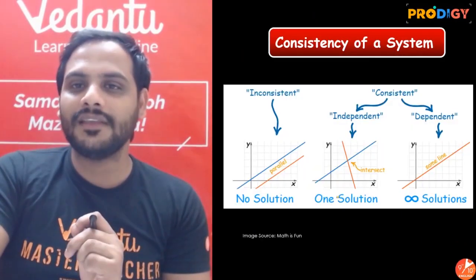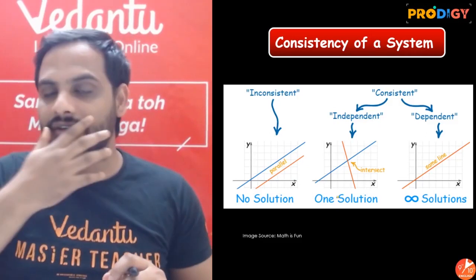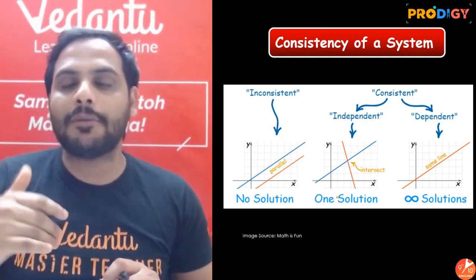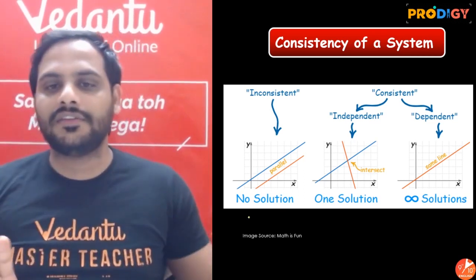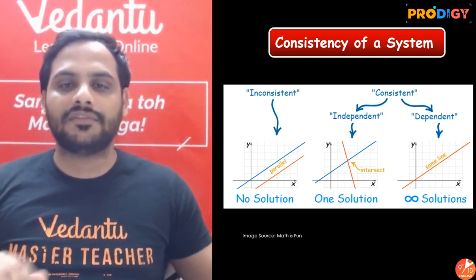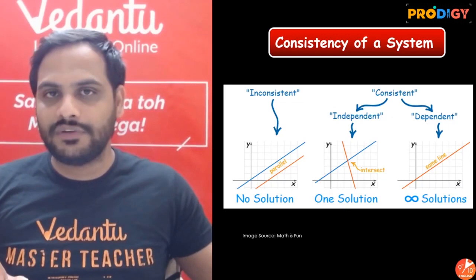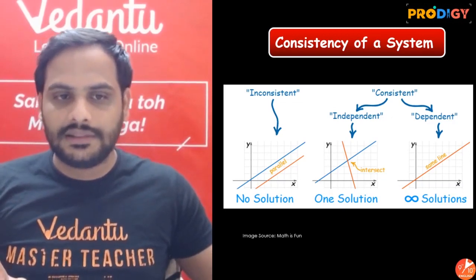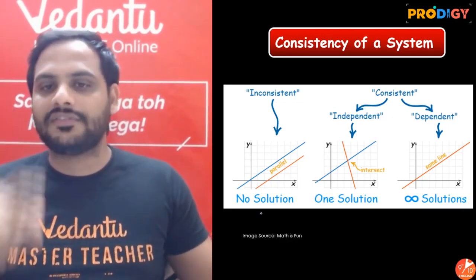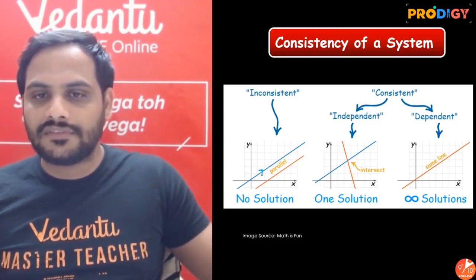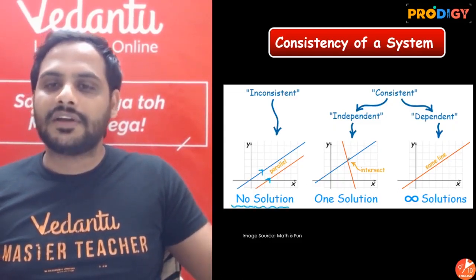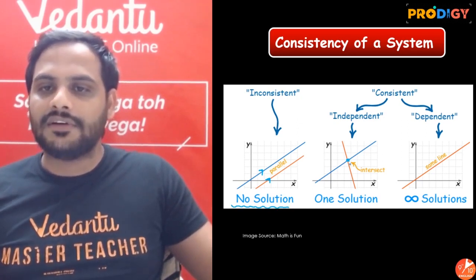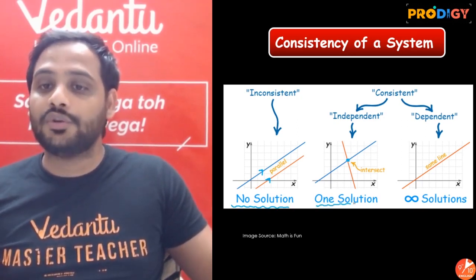Alright, now consistency of a system. I have told you, beta, when we talk about a pair, we have three conditions. The graphs of the linear equations in two variables which we are looking at will be straight lines. First condition is when both the lines are parallel. In that case we get no solution. Second, if the graphs are intersecting, that one point will be the one solution, or the unique solution.